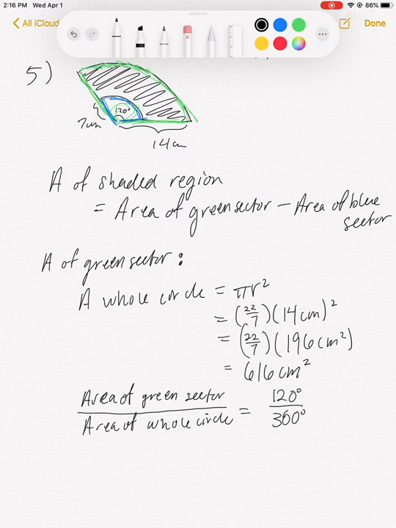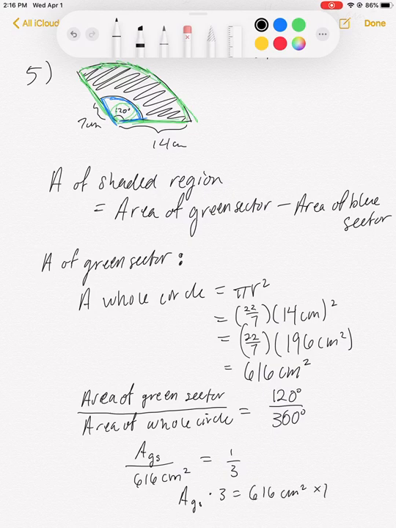Now we know that the area of the whole circle is 616. The area of the green sector divided by 616 centimeters squared is equal to 120 over 360, which is just a third. Okay, so we have area of green sector times 3 equals 616 centimeters squared times 1.